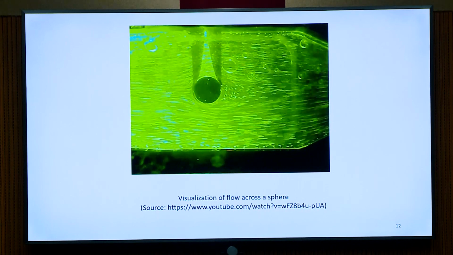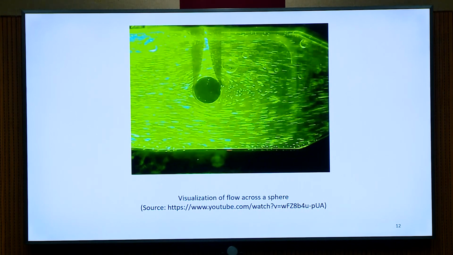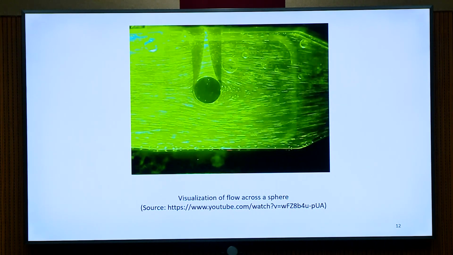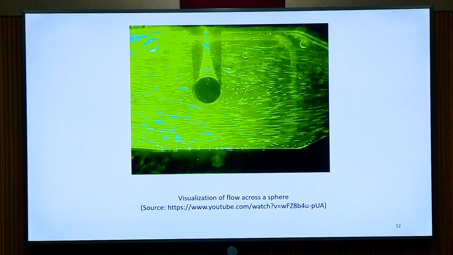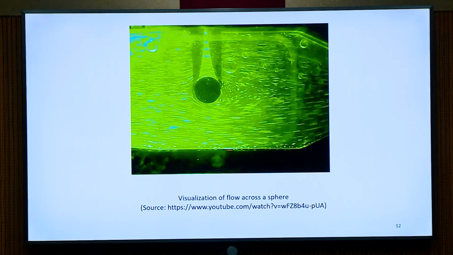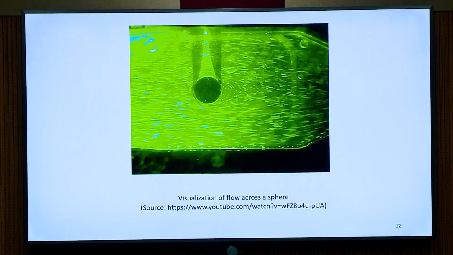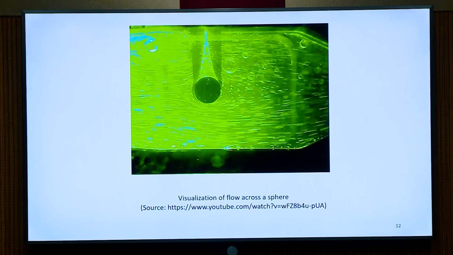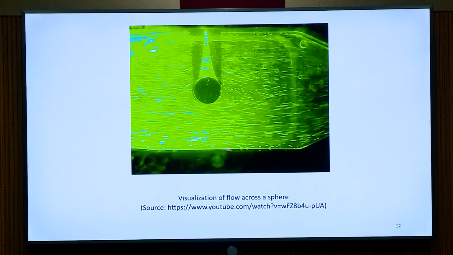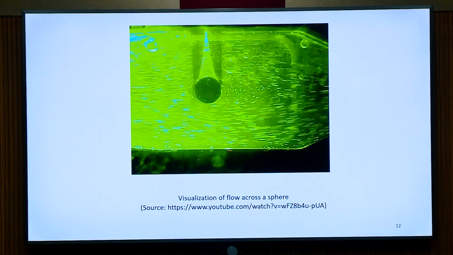So you can see the particle motion, but this is not an ideal PIV image. Why? This is because here you see the particles as streaks. You don't see individual particles, which is a must for PIV. You see streaks.